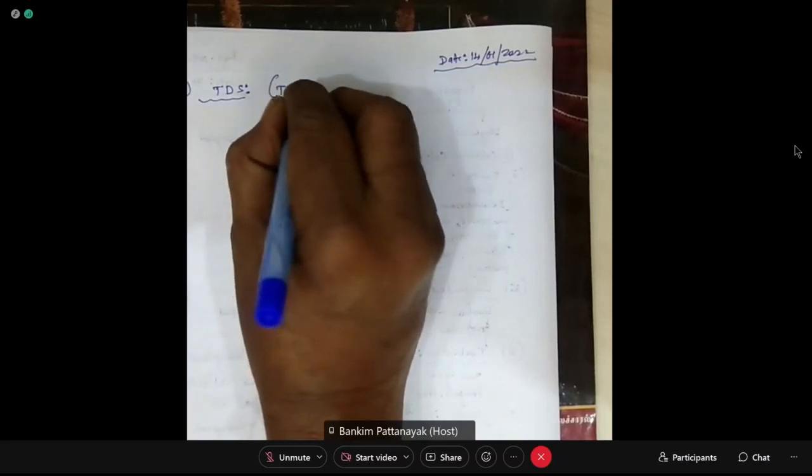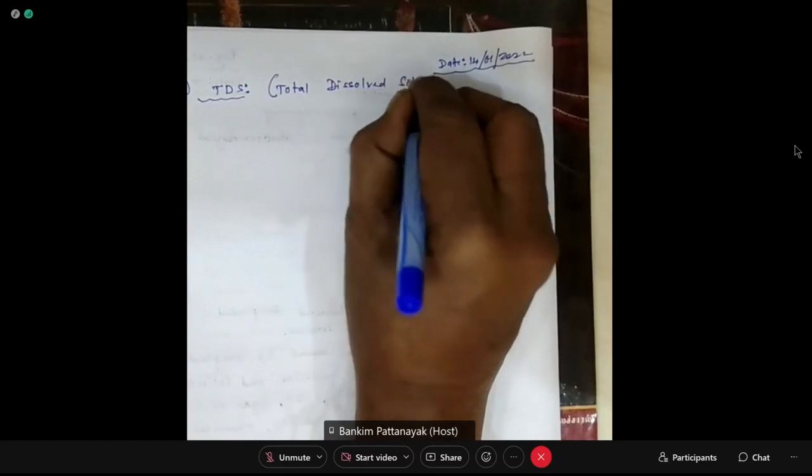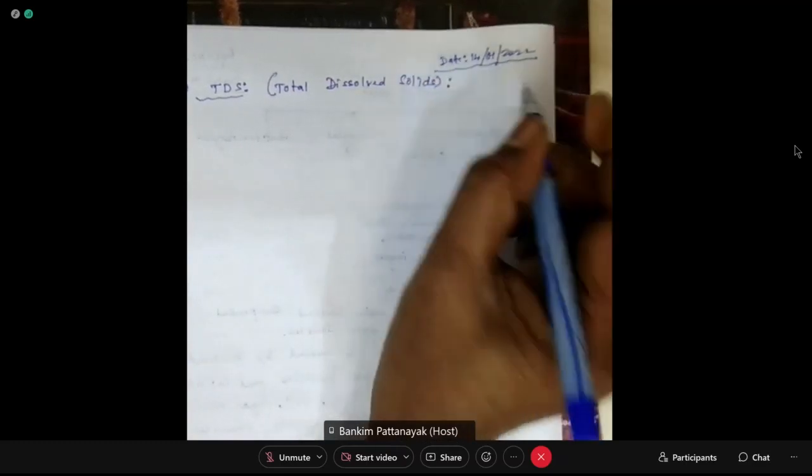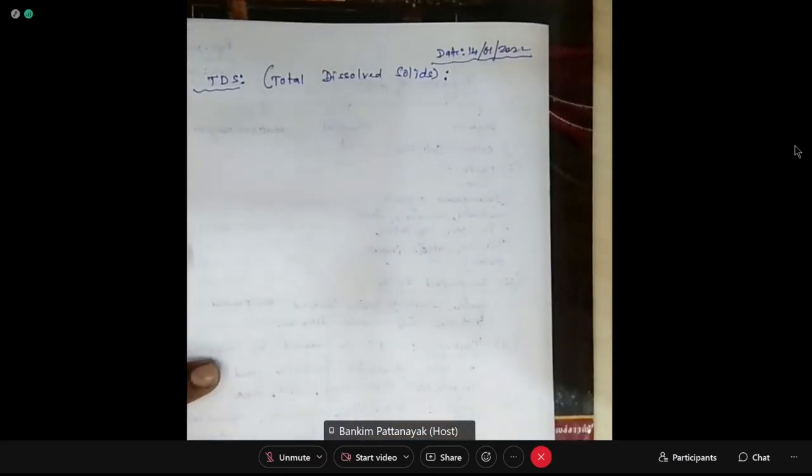Another chemical property, the third, is TDS, total dissolved solids. Sometimes TDS is also abbreviated as tax deduction at source. Those who are income tax payers know TDS as tax deduction at source. So it is not to be confused with this one.